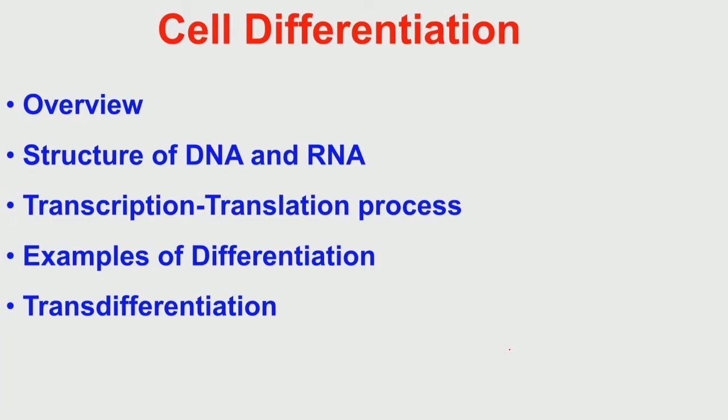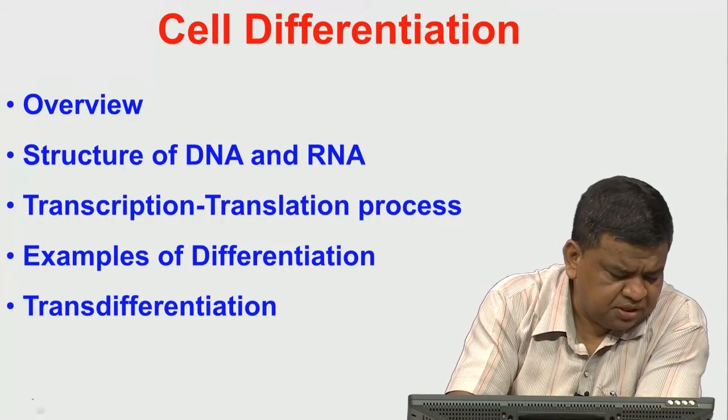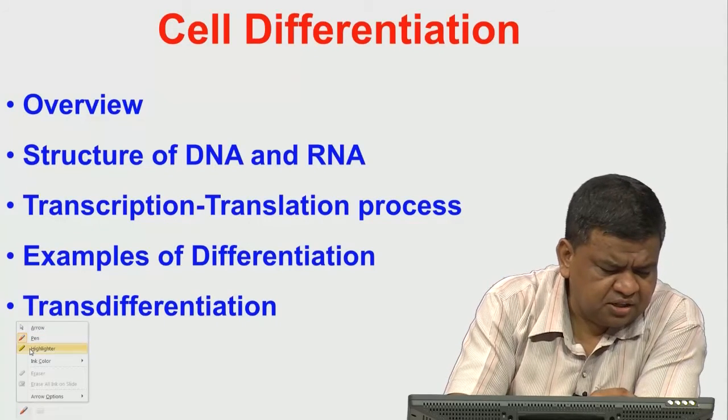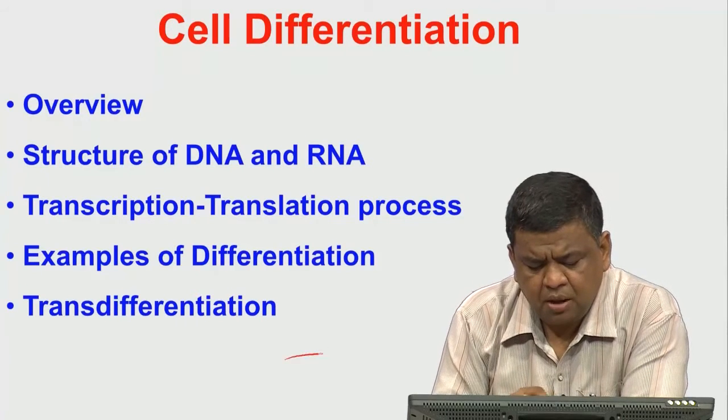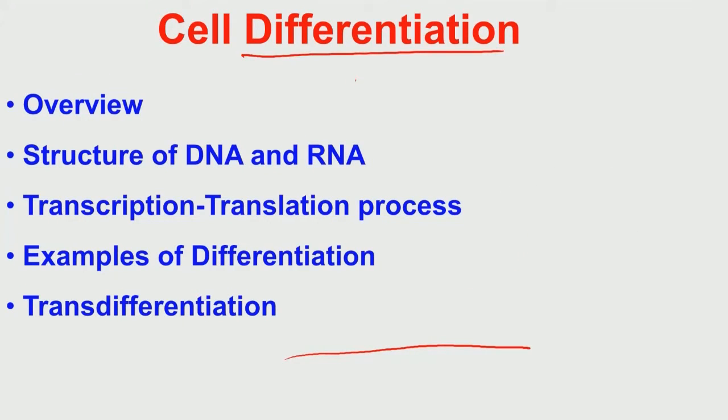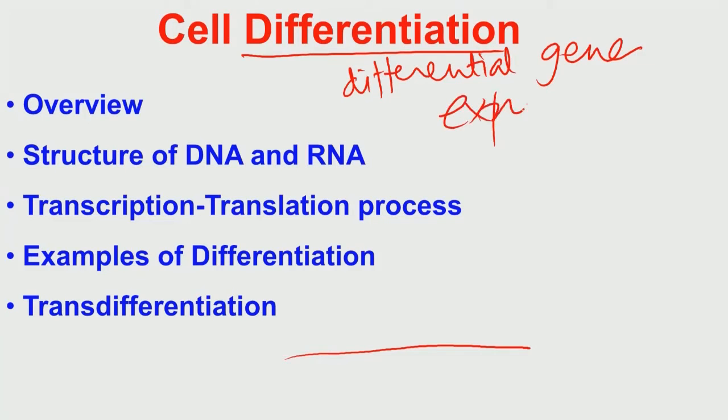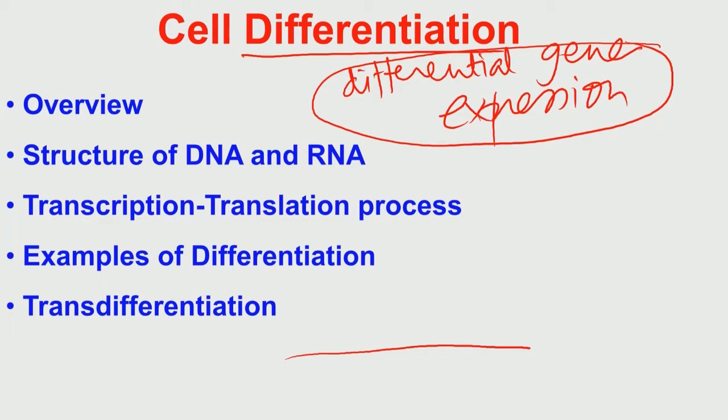So, the next thing I would like to start with, and complete in this particular module, is cell differentiation, and to this extent I will start with the typical description of the structure of DNA and RNA. Because, as I said, differentiation means differential gene expression. It is one of the cell fate processes which involves differential gene expression.